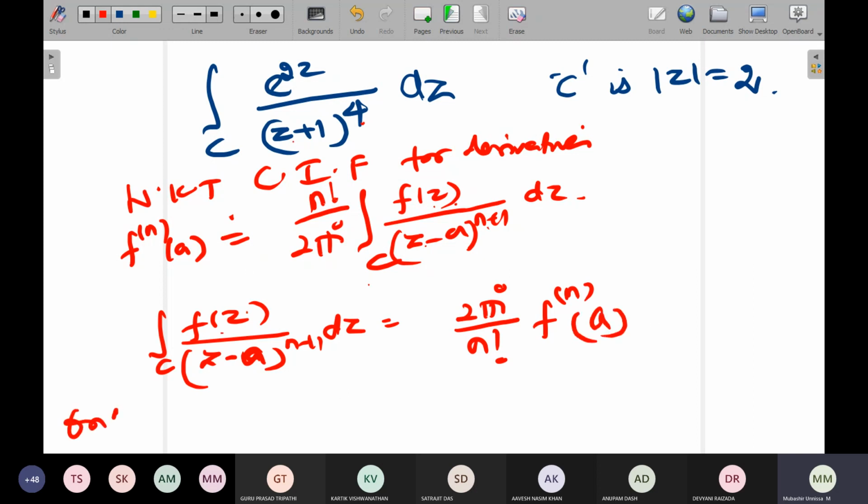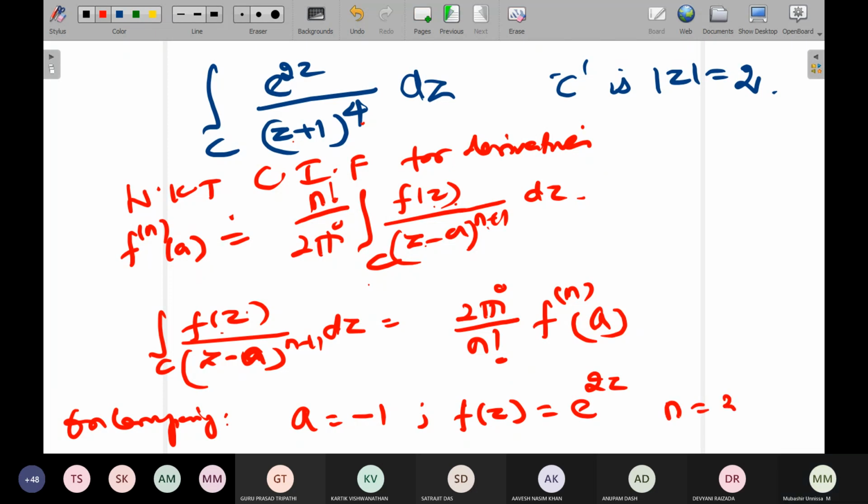Now compare it. On comparing, what do we get? What's the value of a? a value is minus 1. What is your f(z)? e^(2z). What is your n here? n is 3.